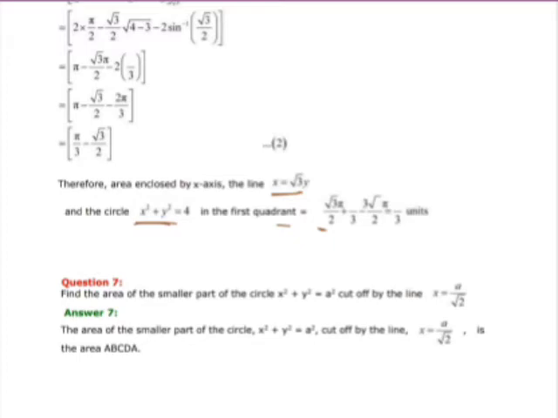I'll write the final answer here. It is pi by 3 units. We have just substituted the value here, pi by 3 minus root 3 by 2.